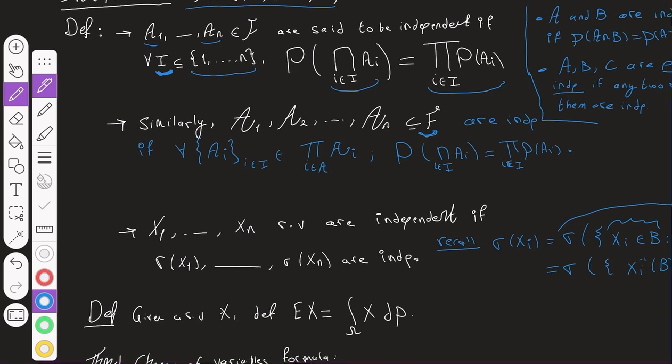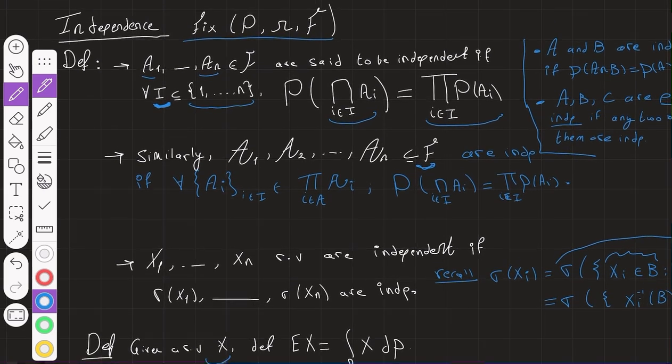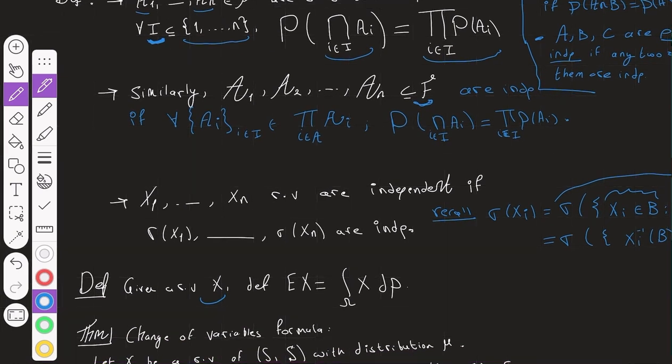But before that, we need to give the very general definition of expected values, and this is basically the integral of the random variable. So given a random variable x, remember we're still working with this probability space. In a previous session we defined random variables as measurable functions, so this is literally a measurable function.